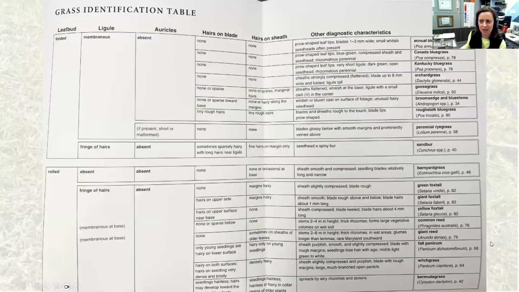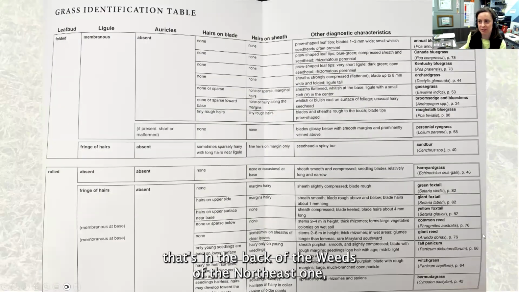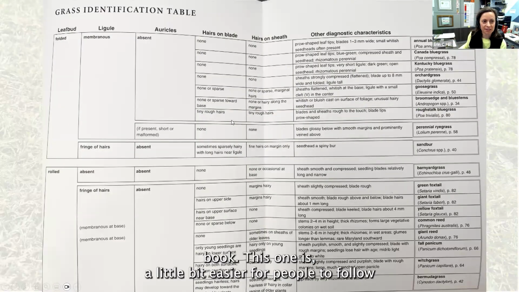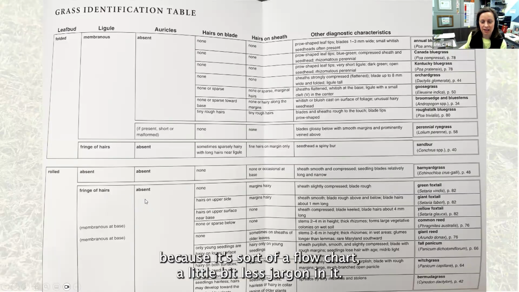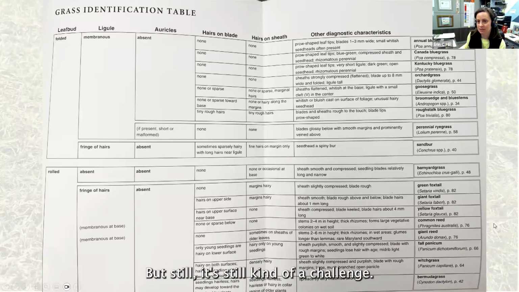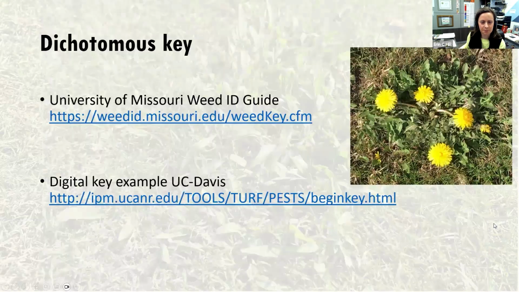This is an example of a grass-specific key that's in the back of the Weeds of the Northeast book. This one is a little bit easier for people to follow because it's sort of a flow chart, with a little bit less jargon in it, but still kind of a challenge.